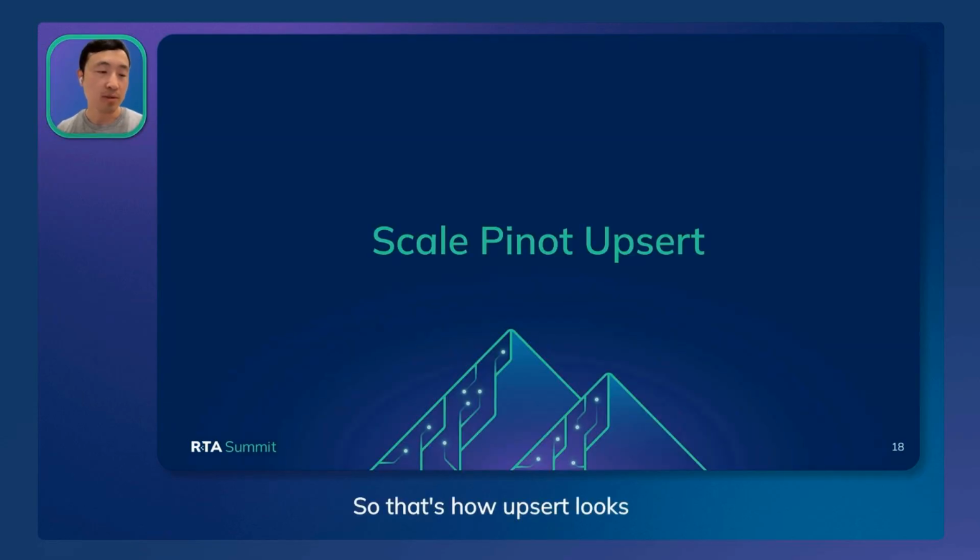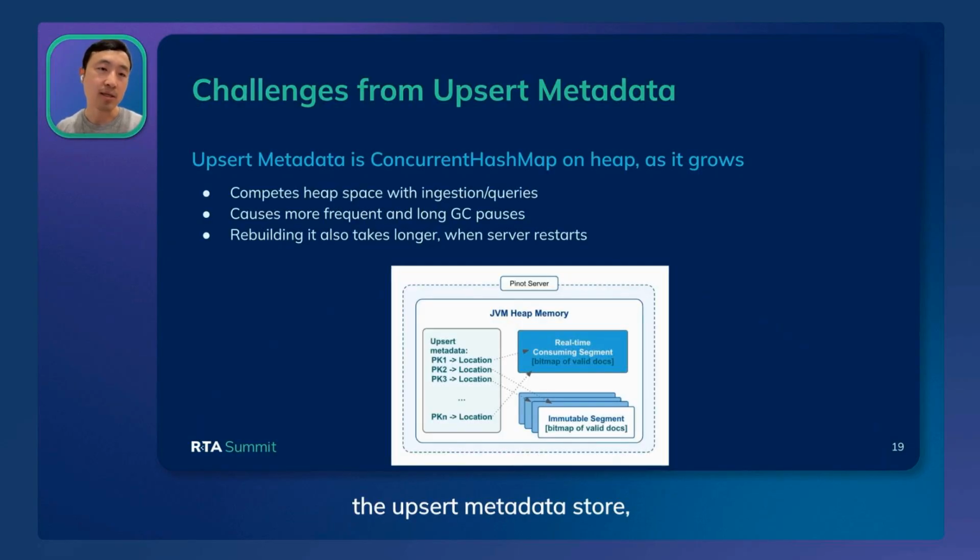So that's how Upsert looks in open source Pinot, but there are actually some challenges to scale Upsert for Pinot here, and the major one is the Upsert metadata store, which is implemented by using a concurrent hash map in open source Pinot. As the metadata size grows, it can consume significant heap space, which can cause frequent Pinot pauses.